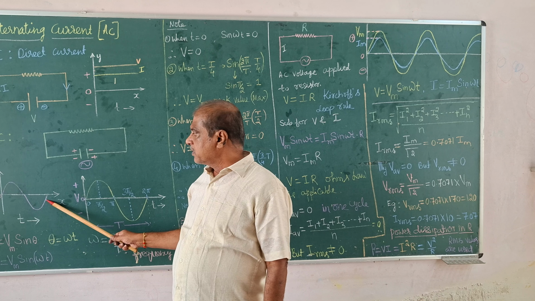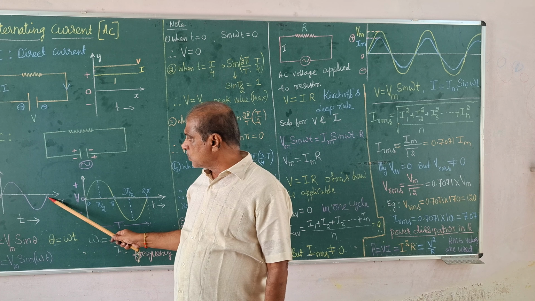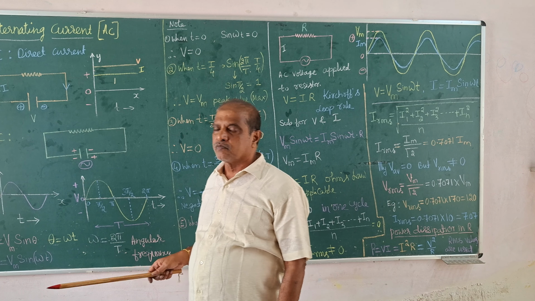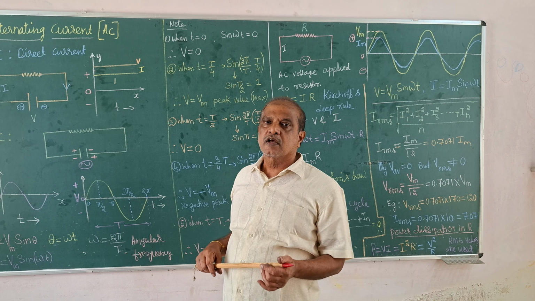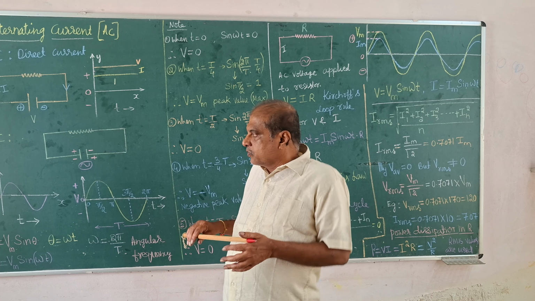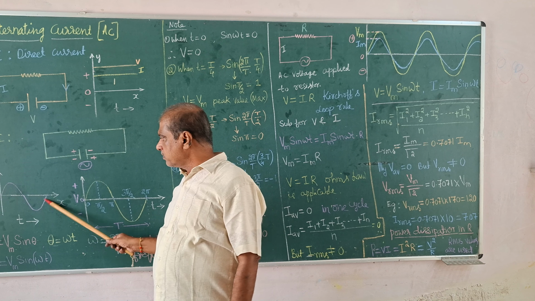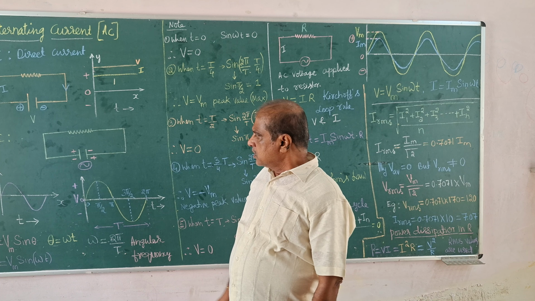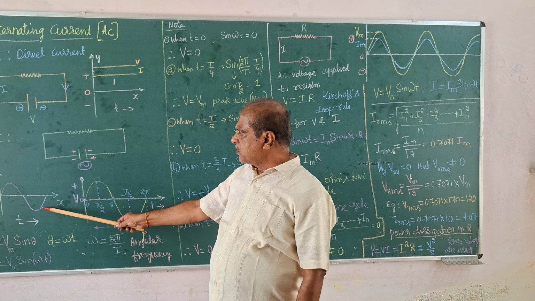We can refer to this wave as a sinusoidal wave. AC current, AC cycle, AC generation is similar to sinusoidal waves. The waveform is a sinusoidal wave. This is a graphical representation of a sinusoidal wave, and this is a mathematical representation of a sinusoidal wave.